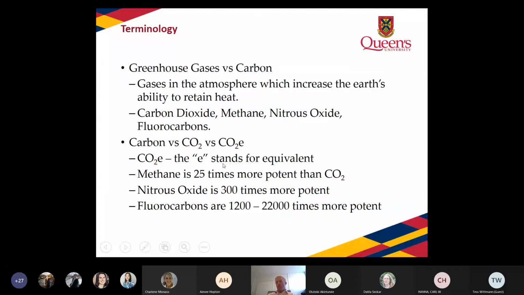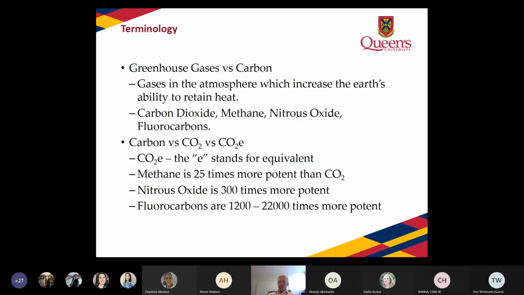When we talk about carbon versus CO2, CO2 is specifically carbon dioxide, and CO2e is equivalent. To create a standard unit for carbon emissions, we take the other types of emissions and create an equivalent for what their impact is in the global warming process to the same as carbon dioxide.